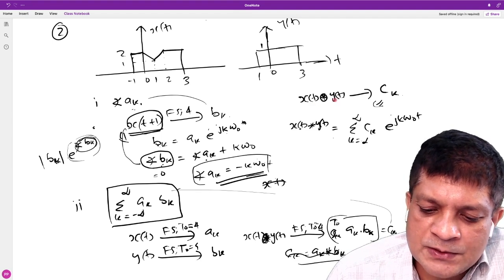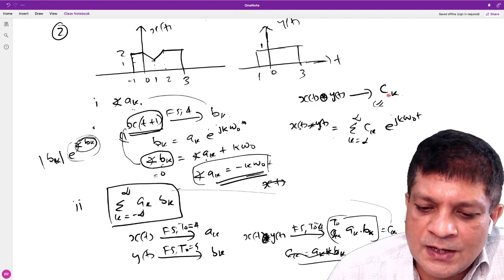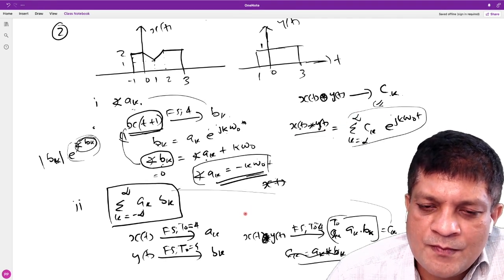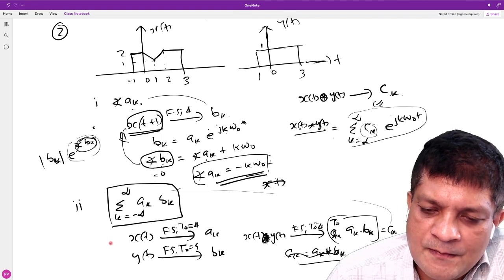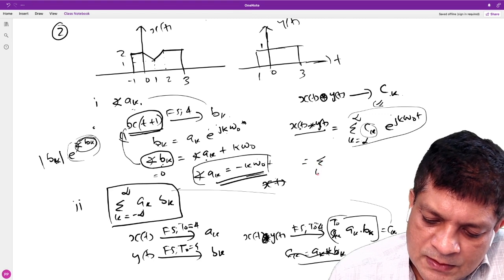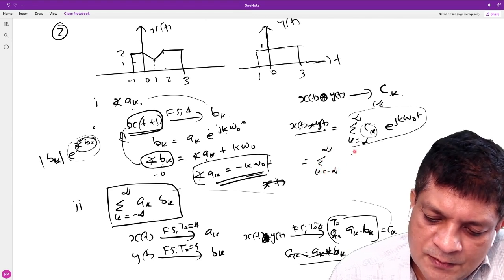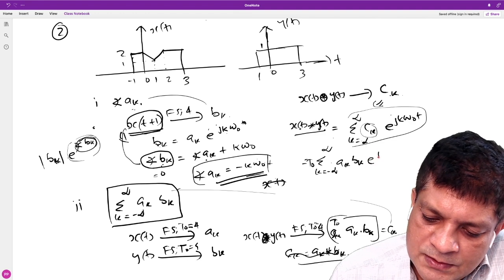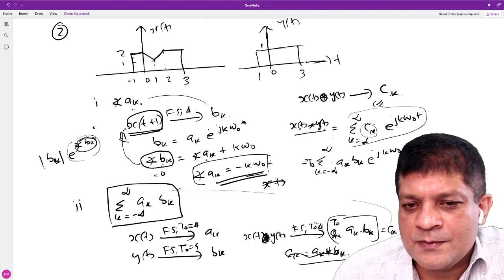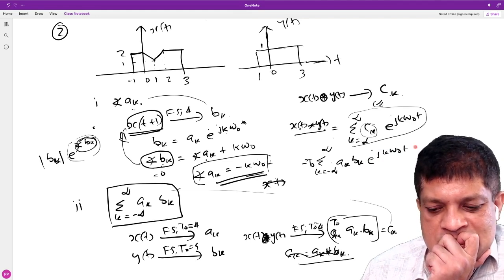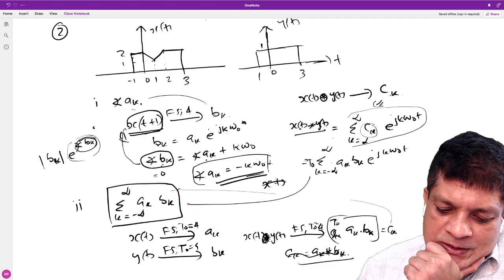Now what is ck? So can we write this as the summation from k minus infinity to infinity of ak into bk, with a constant term T naught that I am taking outside, times e to the power j k omega naught t? Yes, sir.